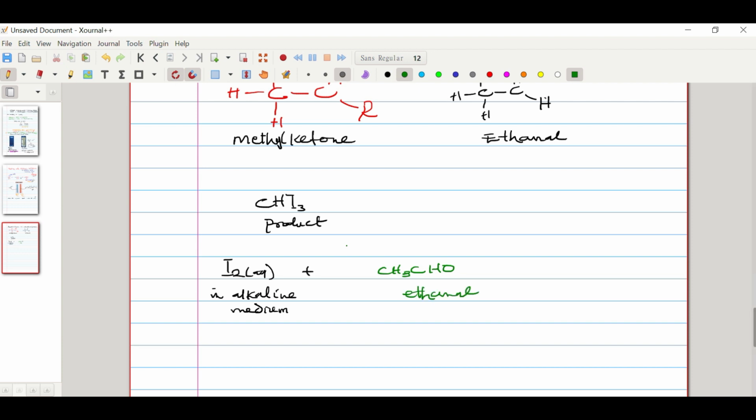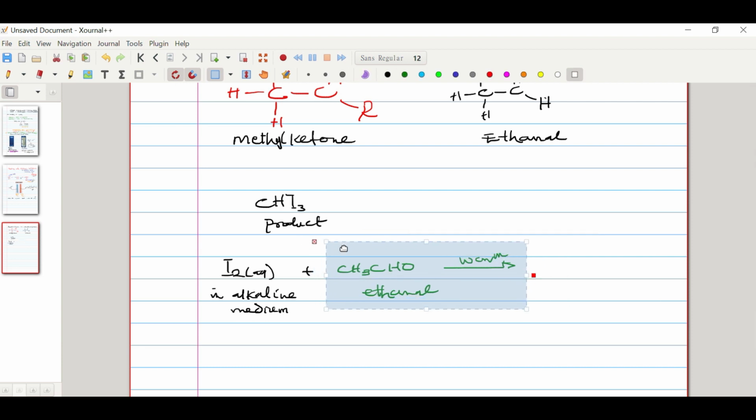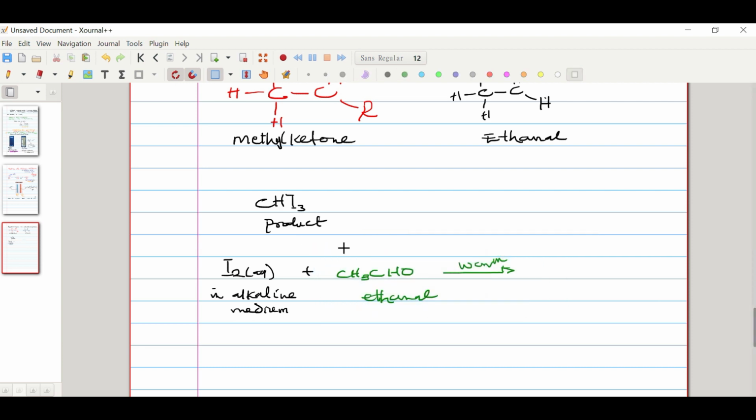When we warm our alkaline solution of iodine together with a compound that contains methyl ketone, we are going to have a yellow precipitate.